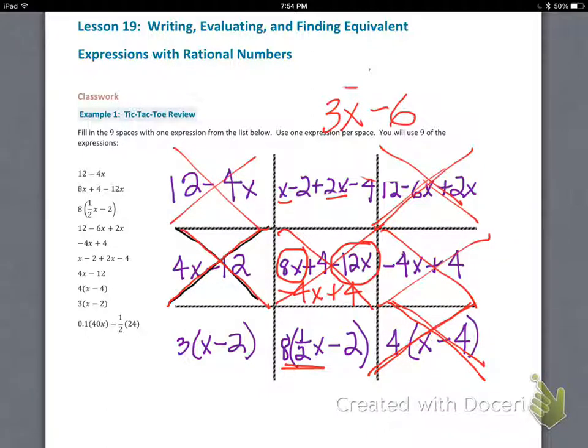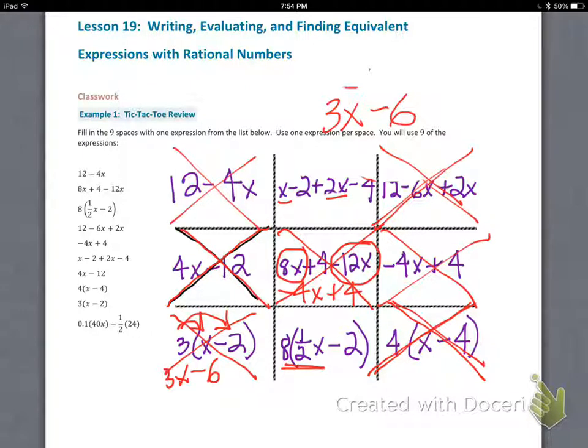You may remember from before, one on the board that worked out to 3x minus 6, and that was this one down here when we distributed this out, 3x minus 6. So this one was equivalent, and there was actually one more, and that one was here.